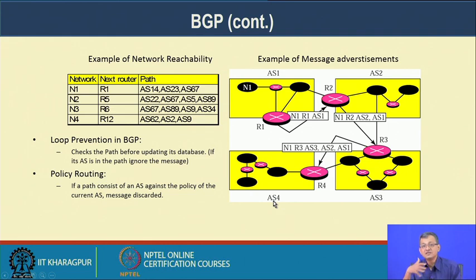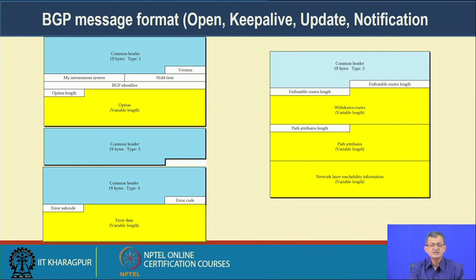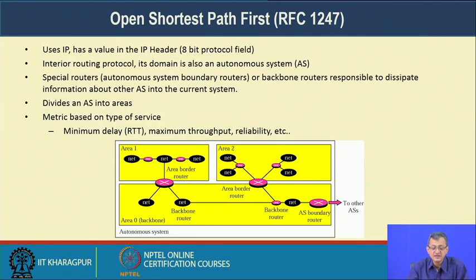So, the path is defined in this way. And these are different formats of the BGP messages: open, keep alive, update and notification, so that it can exchange information across different AS.